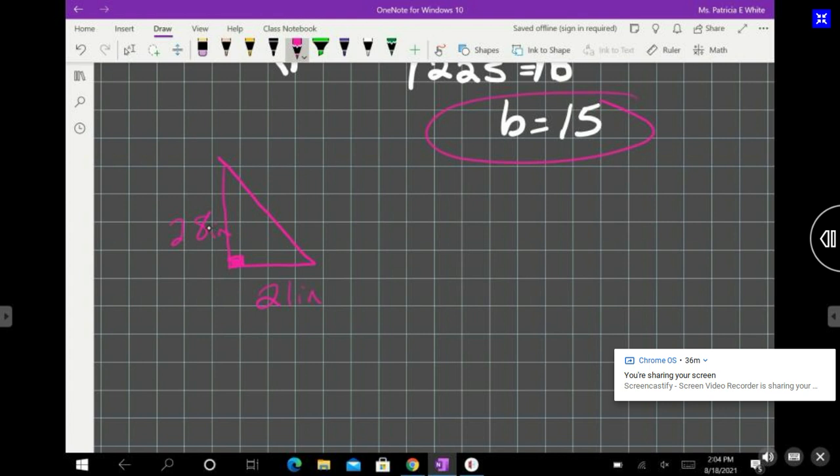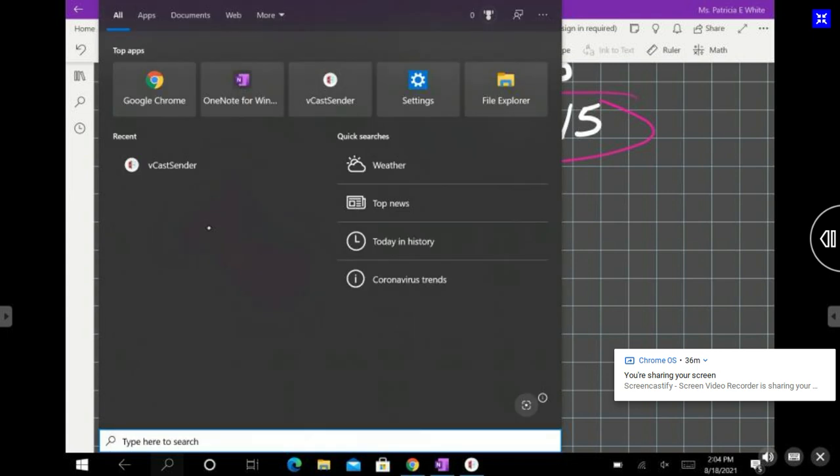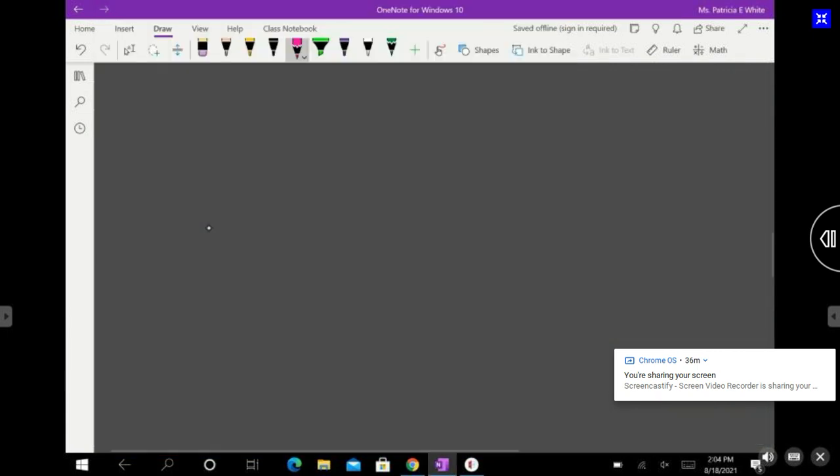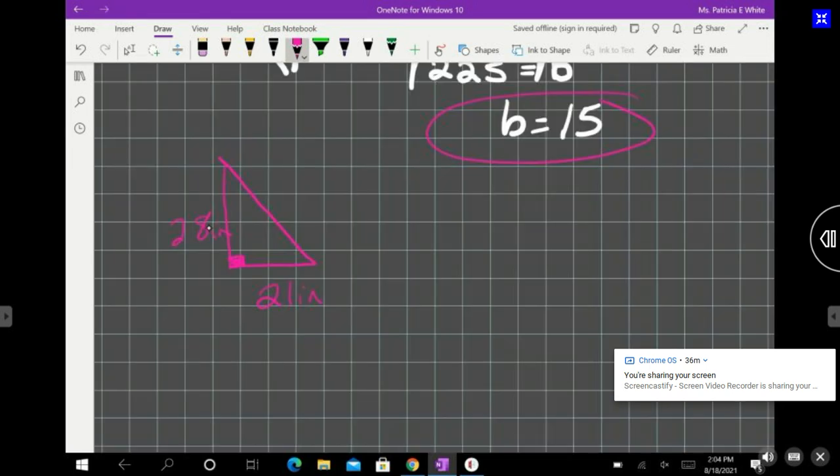Why? Because they're both legs, and when I have both legs, I'm going to add. And you get A squared plus B squared equals C squared. 28 squared plus 21 squared equals C squared.